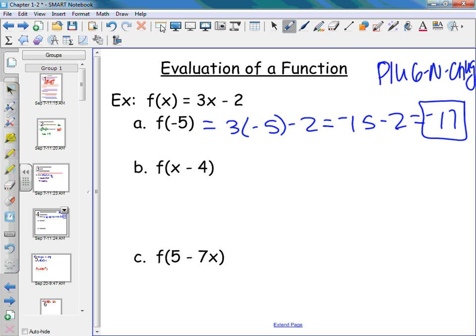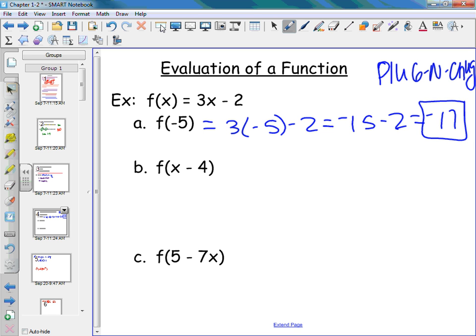So if I plug in an expression, what do I get out 90 to 95% of the time? An expression. If I don't get an expression, what am I getting? A number. When you plug in an expression, you get an expression out, unless, whenever you do the math and you calculate things, things cancel out and you get a number.